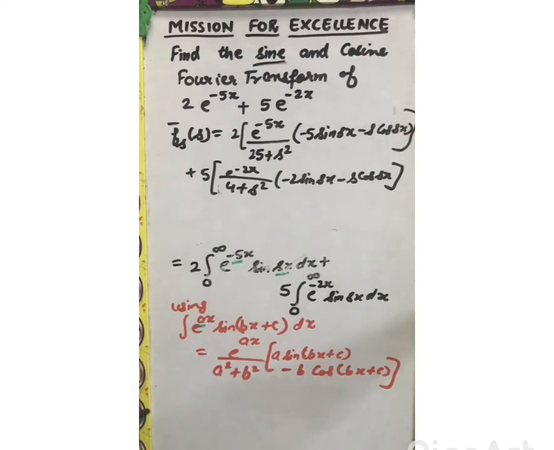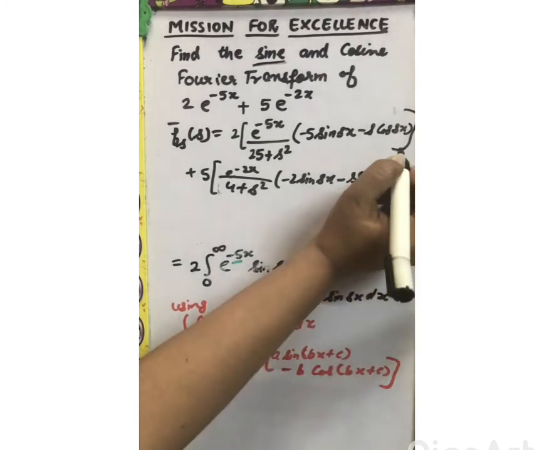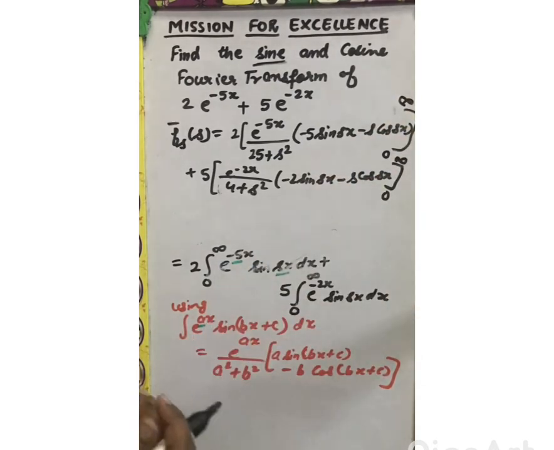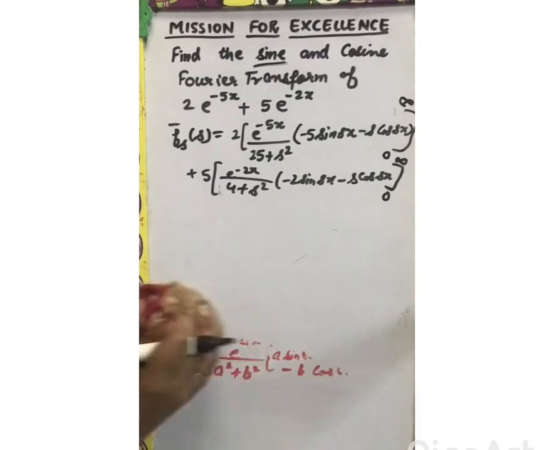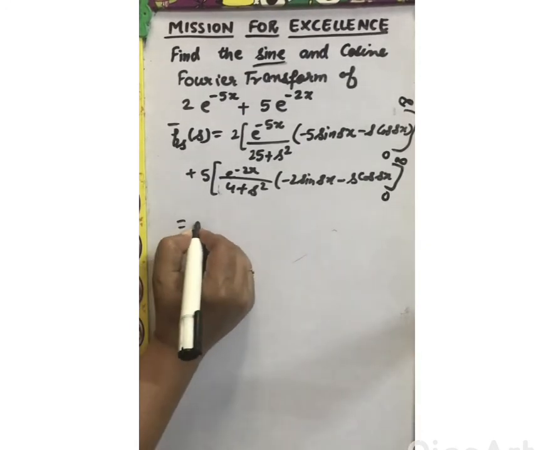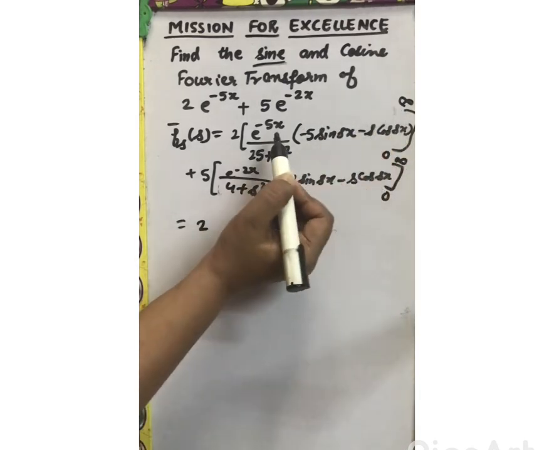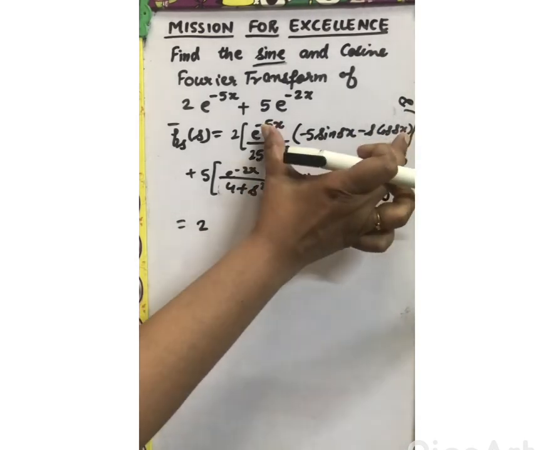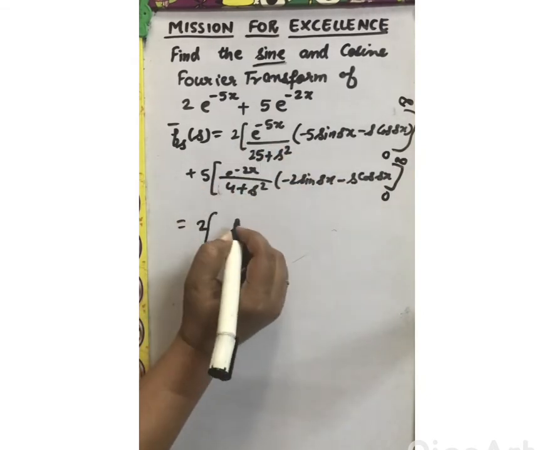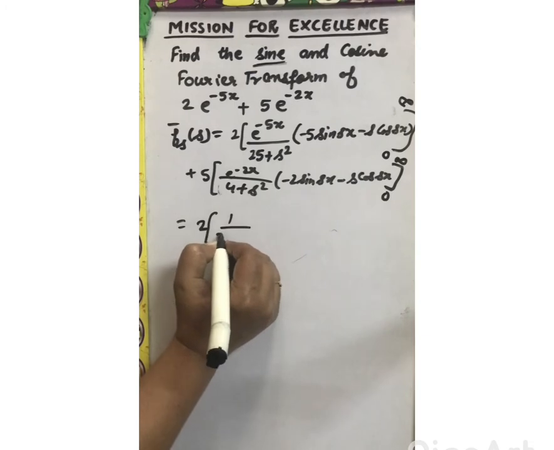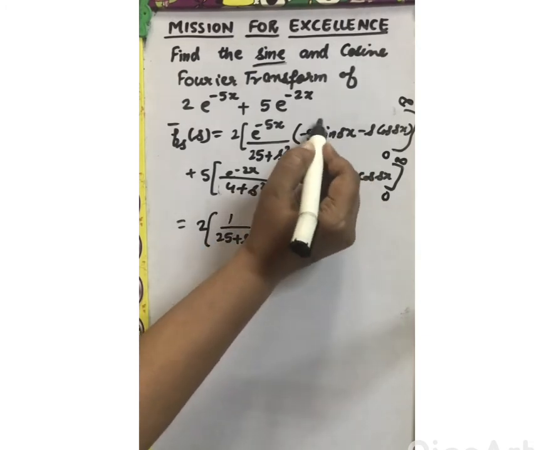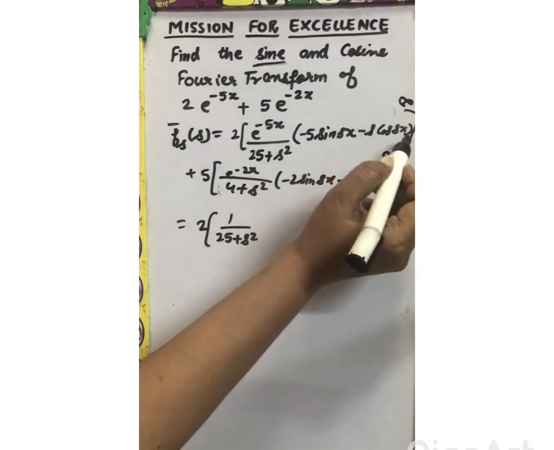So when you put the limit 0 to infinity, write here the limit 0 to infinity and 0 to infinity. When you put the limit, you will get the result: 2 e to the power minus infinity is 0, so the whole term will be 0. When you put 0 here, e^0 is 1. So we get here 1 by 25 plus s square. Sin 0 is 0 and cos 0 is 1.